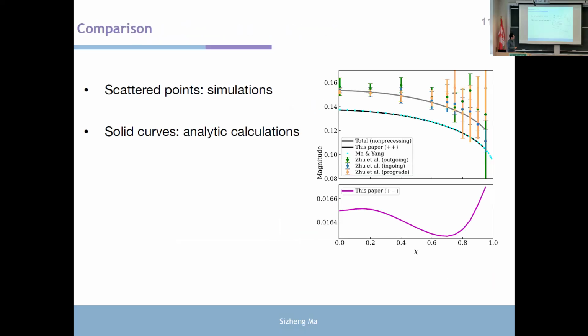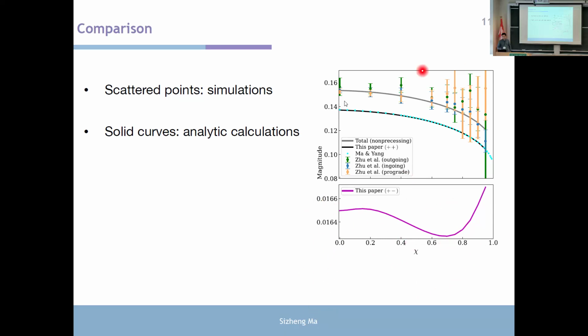In this figure, this gray curve is the analytic result that we computed with black hole second-order perturbation theory as a function of the black hole's dimensionless spin chi from 0 all the way to 1.